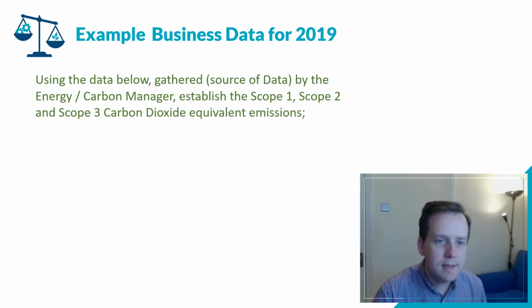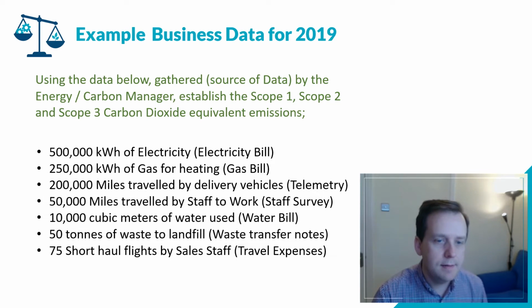So our example company has gathered the following information. They have 500,000 kilowatts of electricity, 250,000 kilowatts of gas, 200,000 miles traveled by delivery vehicles, and so on. And what we have in brackets here is the source for the data.